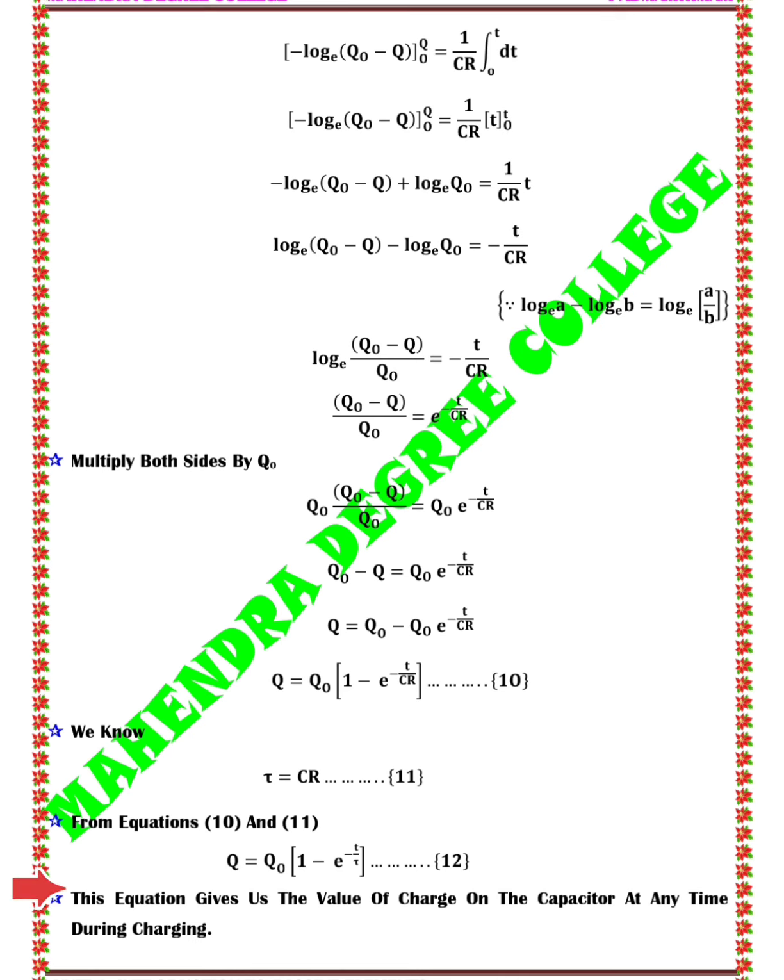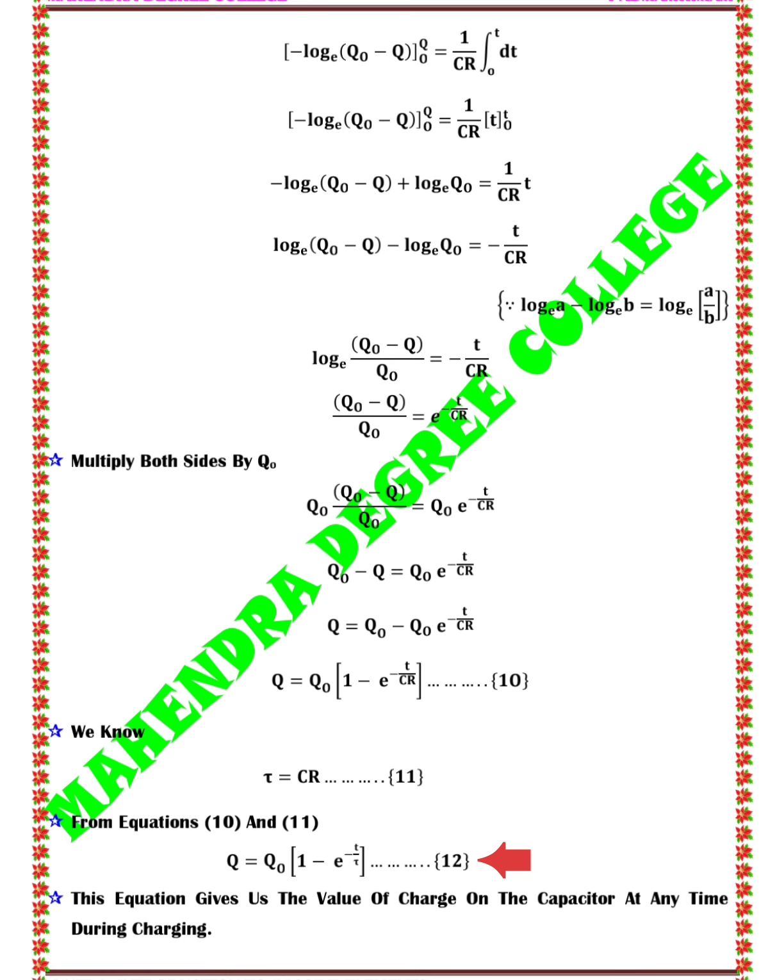The above equation gives us the value of charge on the capacitor at any time during charging, where Q represents the charge on the capacitor at time t.